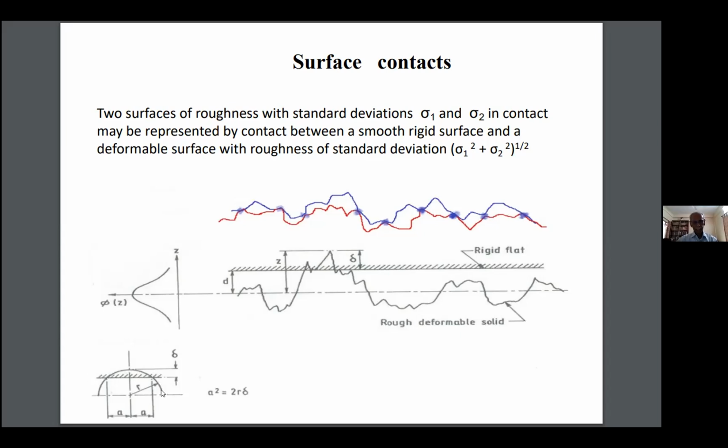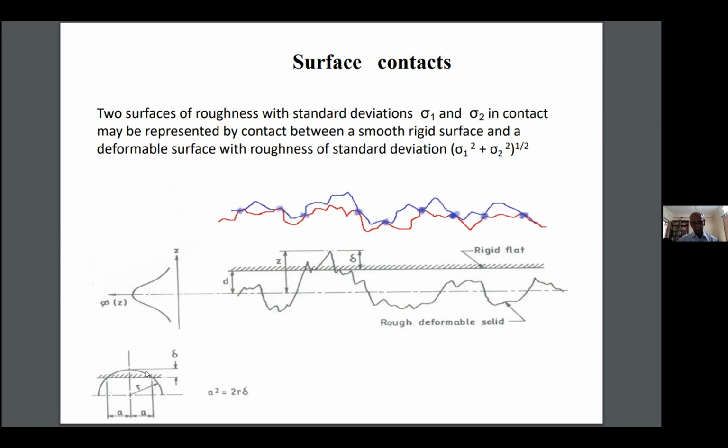So here we assume a hemispherical surface. This assumption is not very bad, because if we go to the peaks of the surface, they are more like hemispherical peaks. And then we assume that the flat surface is coming slowly and deforming the hemispherical surface.